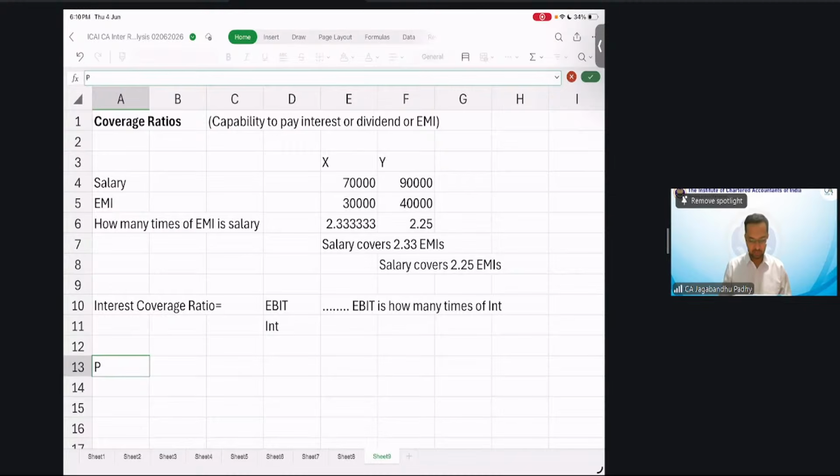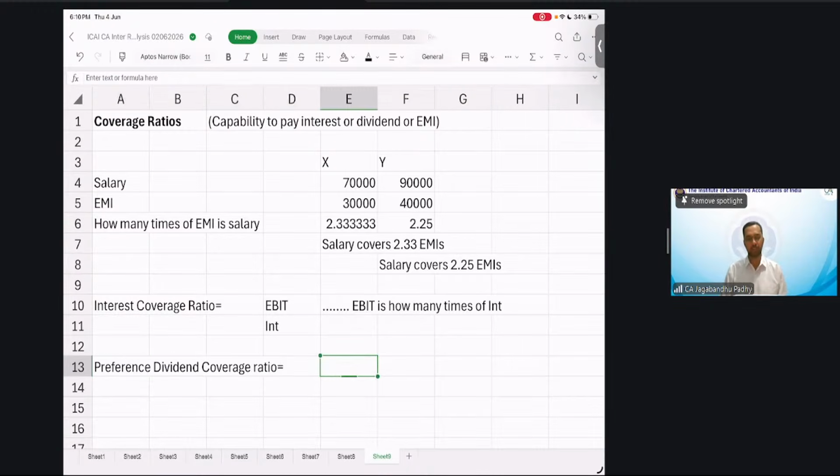Same if you want to see the preference dividend coverage ratio. Can anyone guess what could be the formula for this ratio? Can anyone guess what would be the formula for preference dividend coverage ratio?